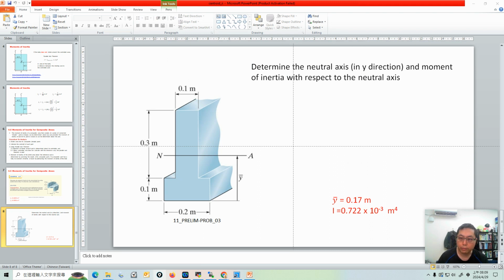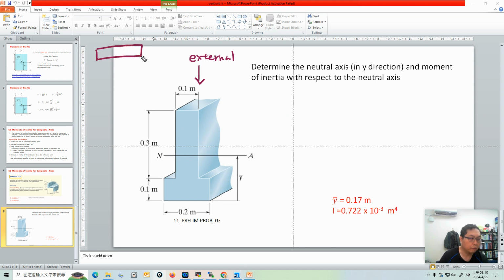Why? Because in most cases, suppose there is a beam here with this cross section area, the external loading is applied here, so the beam starts to bend.